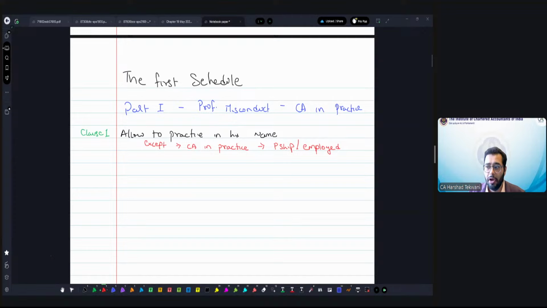Not allowed. When I talk about practice, it's a wide term where he is soliciting, getting the work, signing the reports. A lot of things are included in that. So this term has a lot more importance. That's why you can only allow a chartered accountant in practice to practice in your name. Otherwise you cannot. And we will see what is deemed to be in practice and go to those definitions in some time. But as of now, remember, allowing to practice can only be done for a CA in practice.